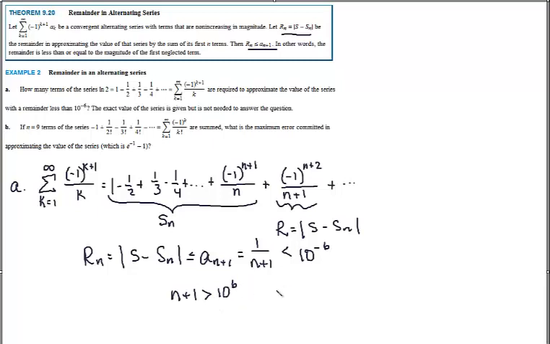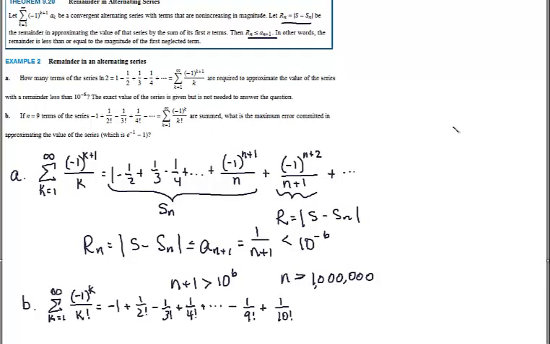In other words, in order to make sure that we have a remainder less than 10 to the negative 6, our n has got to be greater than 10 to the 6, or 1 million terms.